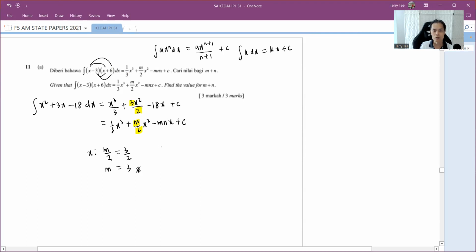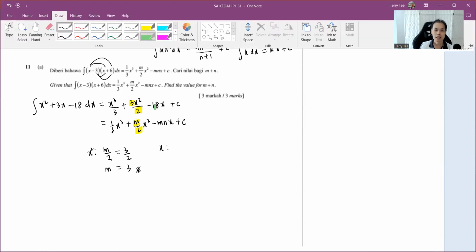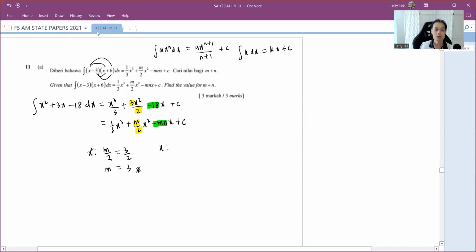Now, when you compare x, negative 18 equals negative mn. So negative mn equals negative 18. I know my m is 3. I can cancel the negative, right? My n is now 6.